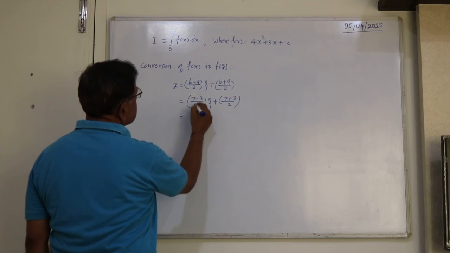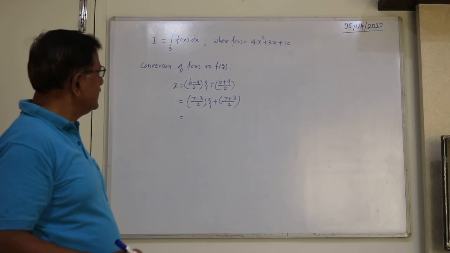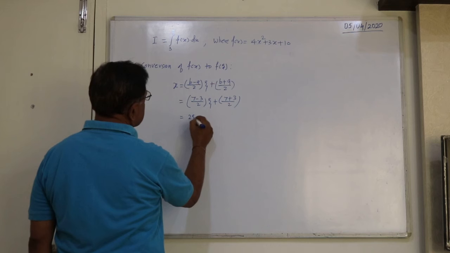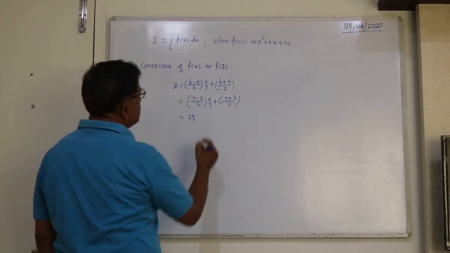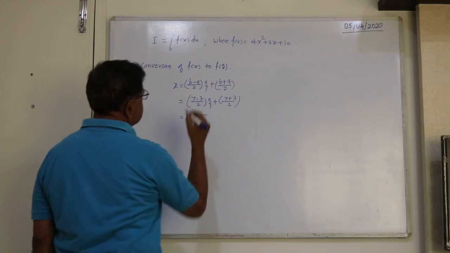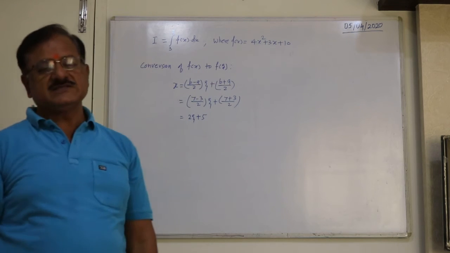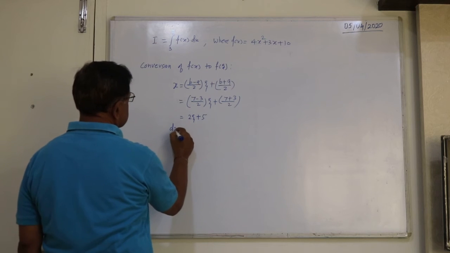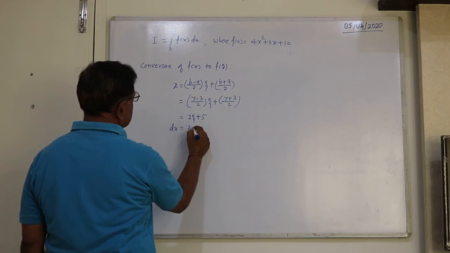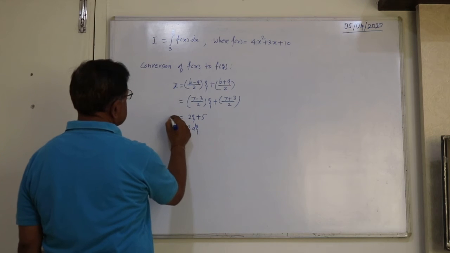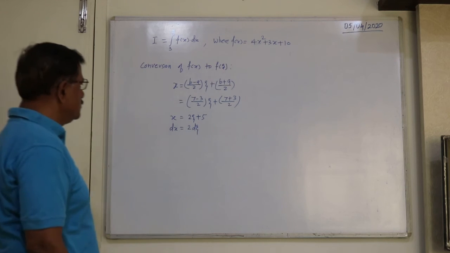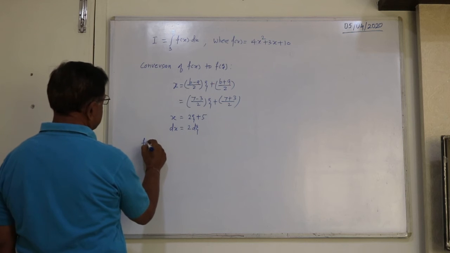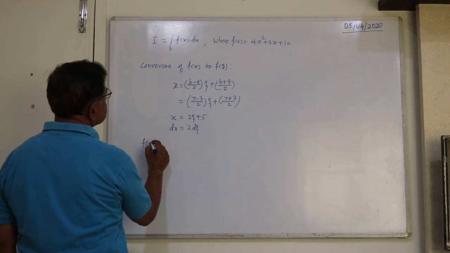Now 7 minus 3 is 4 by 2, so this is 2 psi. 7 plus 3, 10 by 2 is 5. So this is 2 psi plus 5. Also we have to find dx. Differentiating this, dx is 2 d psi.